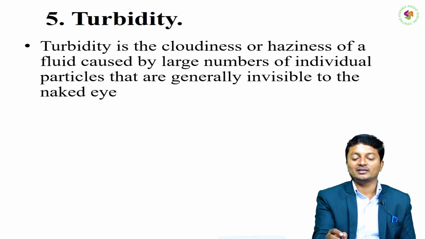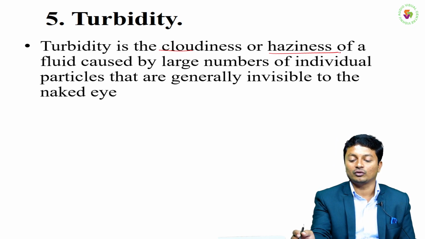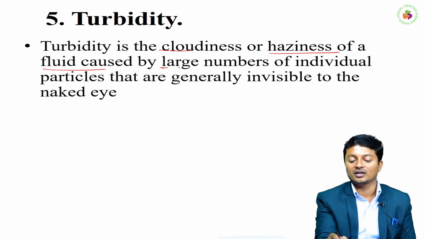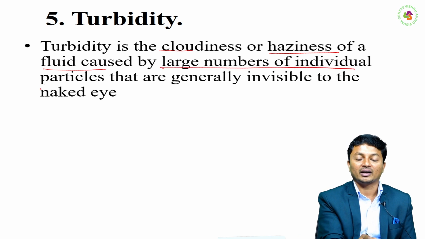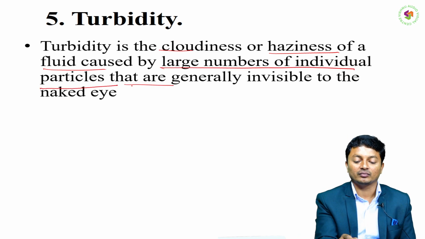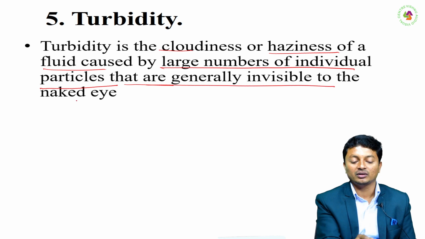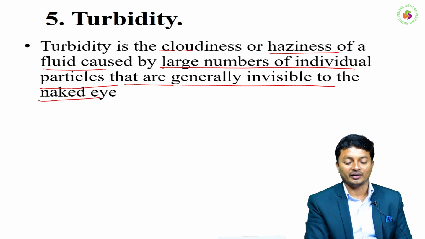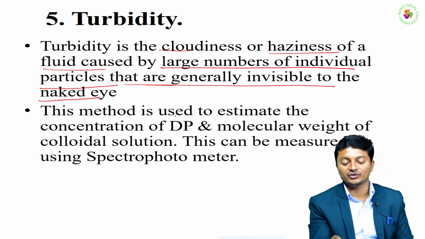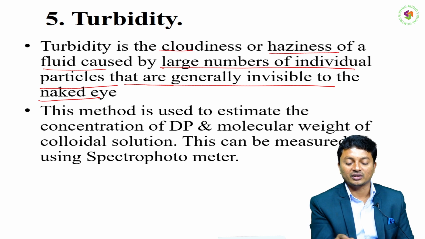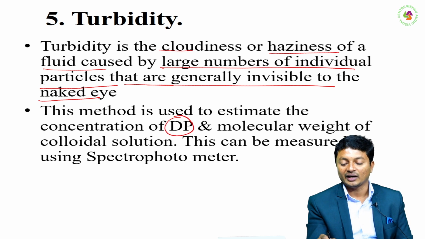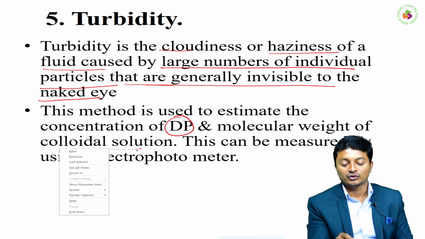So turbidity is a cloudiness or haziness of a fluid caused by a large number of individual particles that are generally invisible to the naked eye. This method is used to estimate the concentration of the dispersion phase and the molecular weight of a colloidal solution.